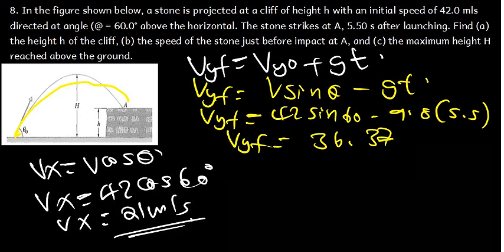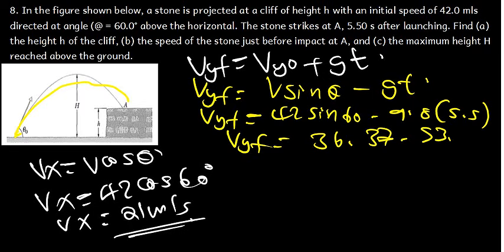This is going to give us a negative, always, just because it is coming down. The velocity at that point is supposed to be negative. So minus 17.53 meters per second. This is the vertical velocity, and this is the horizontal velocity.